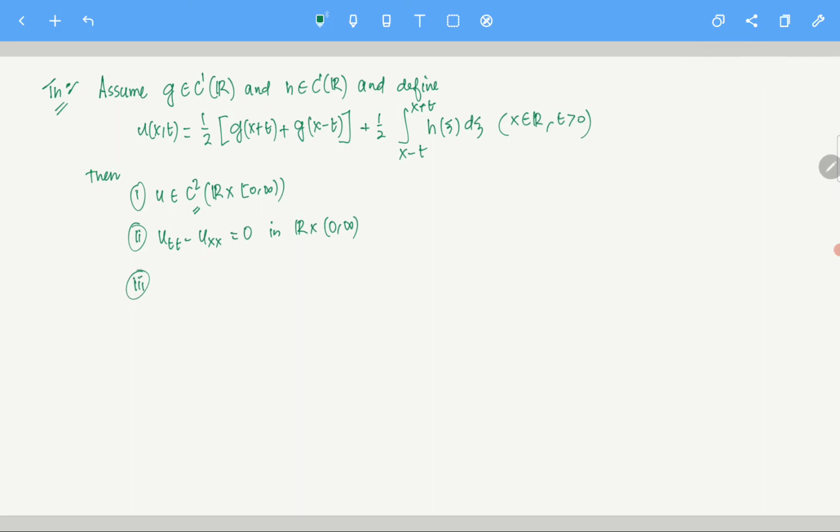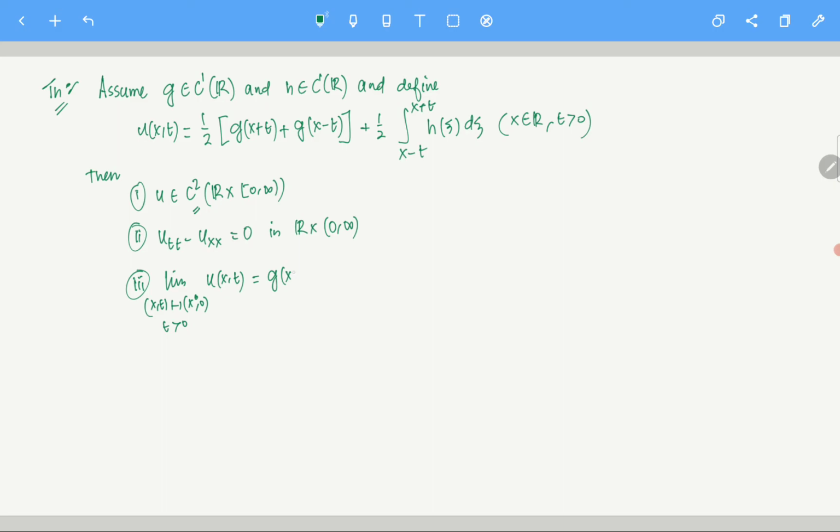And third, how is the boundary condition satisfied? It is satisfied in the sense of limit. So essentially it says that if you take a limit towards any point x0, 0 on the boundary, basically on the t equals 0 line, then u of x, t converges to g of x0.